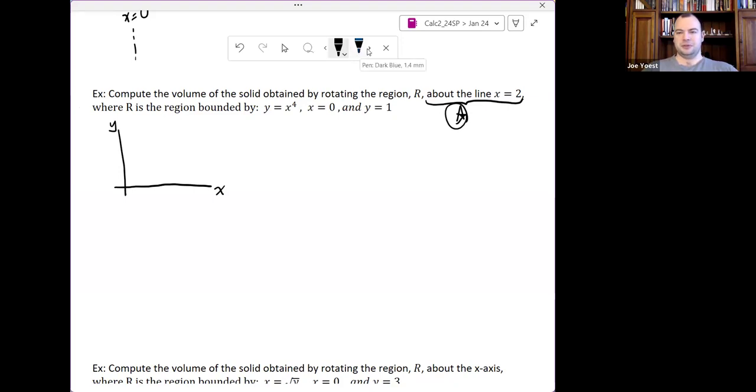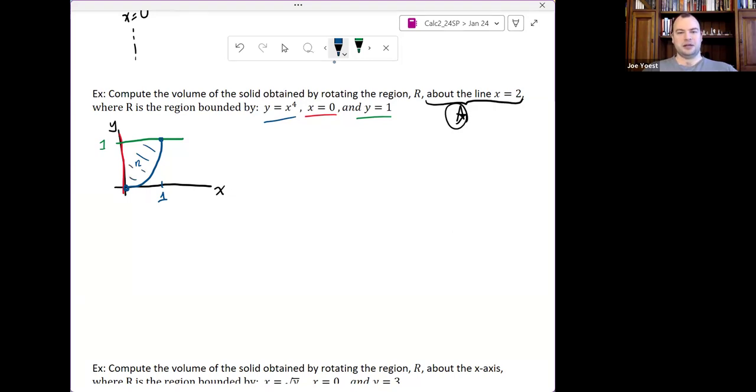So we have x equals 0 as one of the boundaries, the y-axis. We have y equals 1 as one of the boundaries, this horizontal line, and y equals x to the 4th, which goes from 0, 0 to 1, 1, something like this. So this is my region.